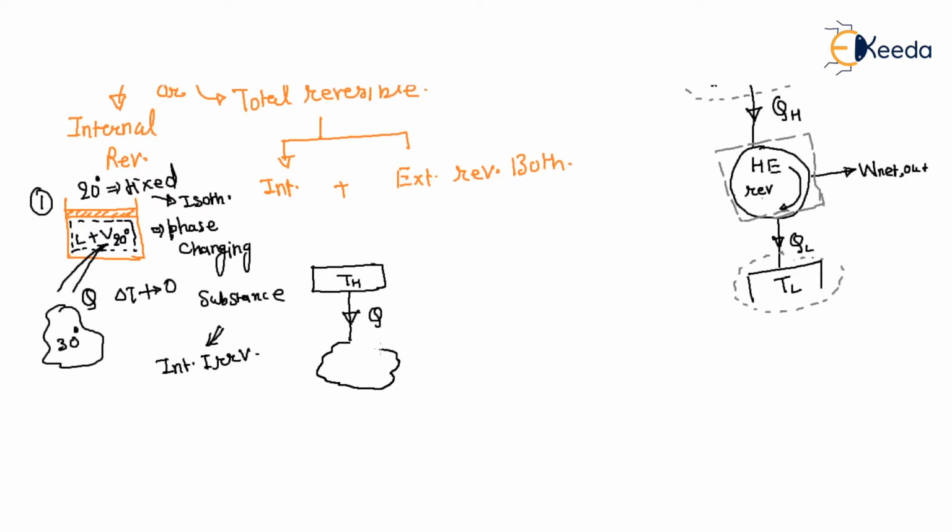Let's suppose it is 100 degrees centigrade and the system is at 20 degrees centigrade. Though this heat transfer is irreversible externally, when this is a reservoir, the temperature TH is fixed during the heat rejection.